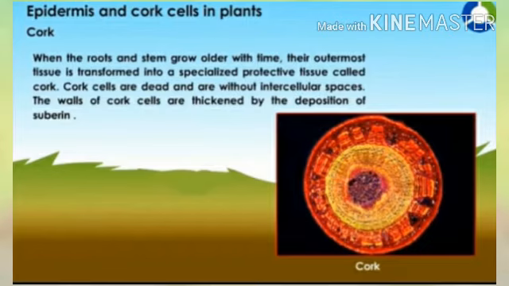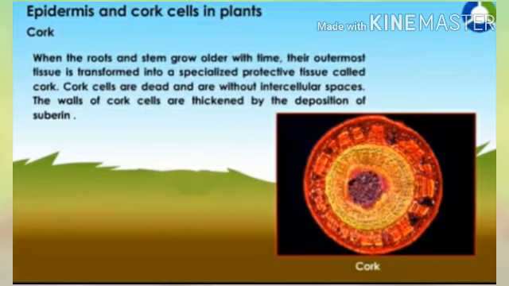Is the outer layer of an old tree stem different from the outer layer of a young stem, children? Yes, it is due to the presence of cork and bark. So children, I will tell you about cork. When plants grow older, certain changes are made in the epidermis.